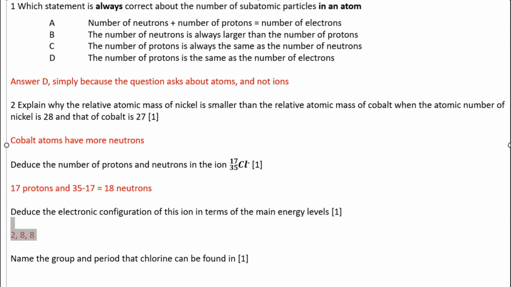If the ion comes from Cl, atomic number 17, that's 17 protons. 1 electron has been gained, that's 18 electrons: 2, 8, 8. Group number and period number.